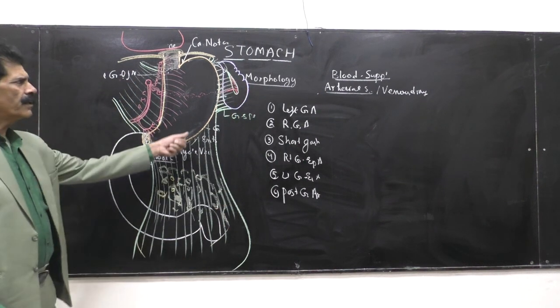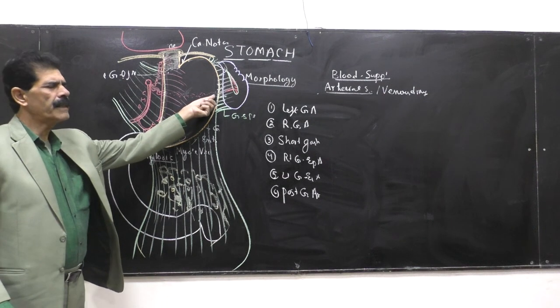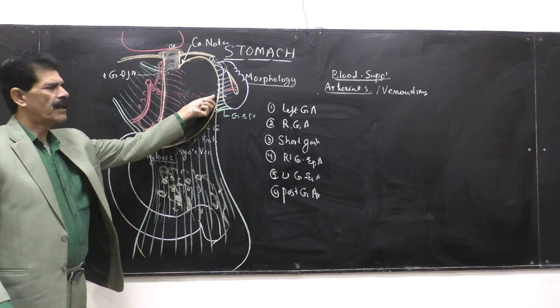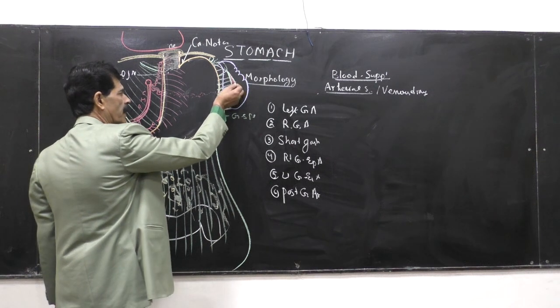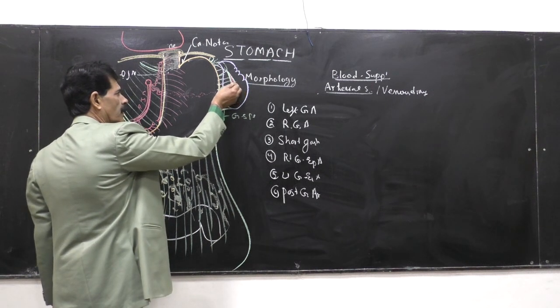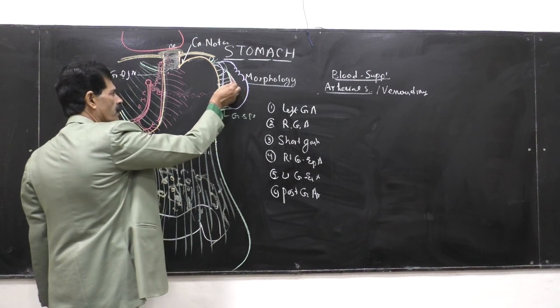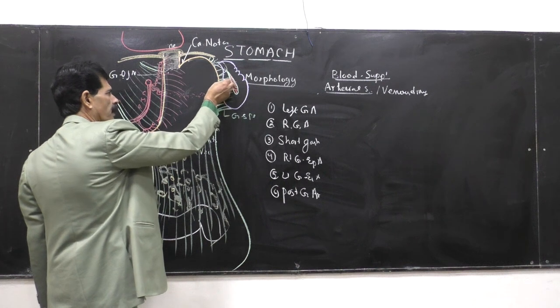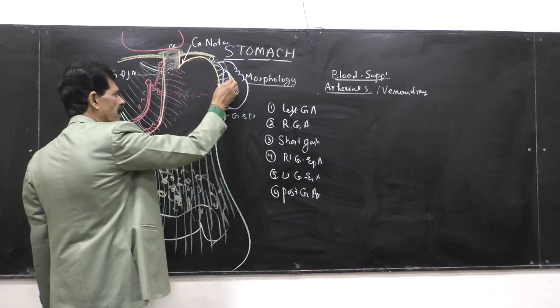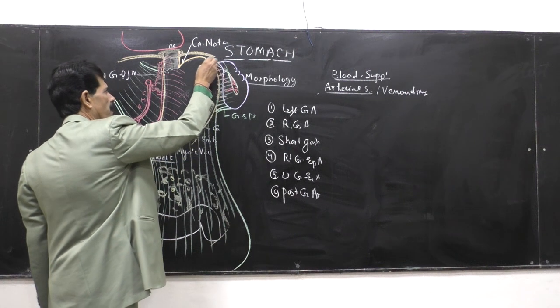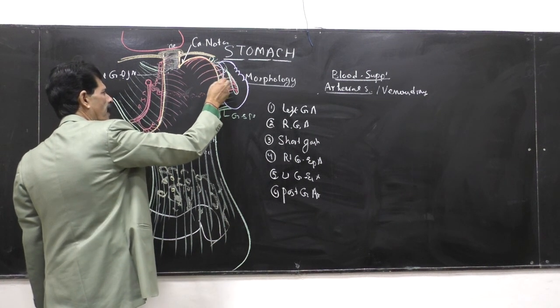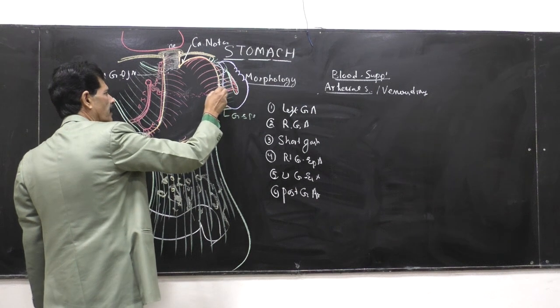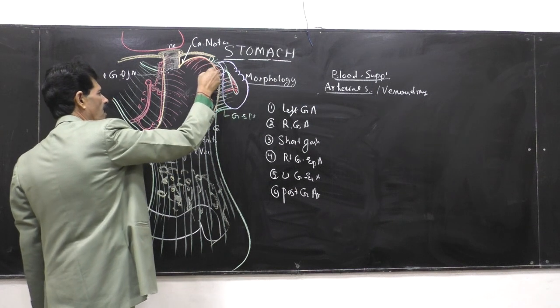Then from the hilum of the spleen, the short gastric arteries enter the number 1 and number 2 layers of the gastrosplenic ligament, and they reach the fundus, and the greater curvature is supplied by them. They are called the short gastric arteries.